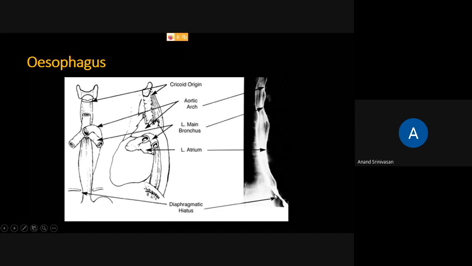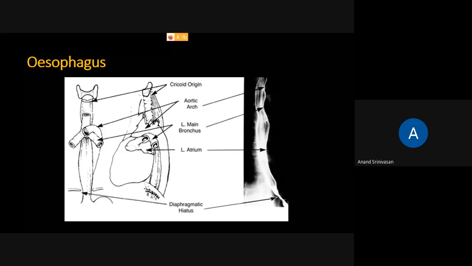The last constriction is when it passes through the diaphragm at the level of T10. In order to visualize the esophagus, we do a contrast X-ray, because the esophagus is radiolucent. You cannot see it in a normal plain X-ray.